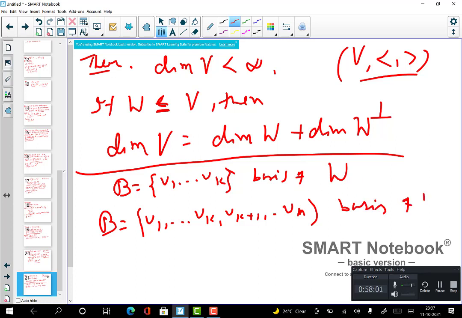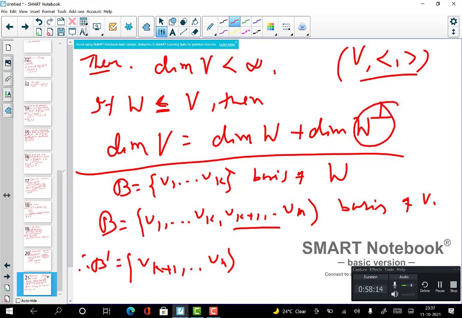Now the claim is that the rest of the elements, vk plus 1 to vn, form W perp.